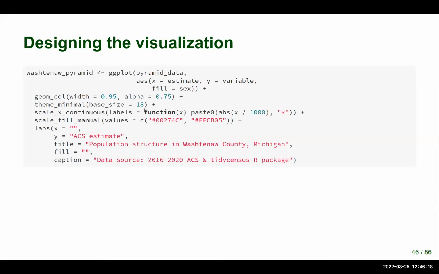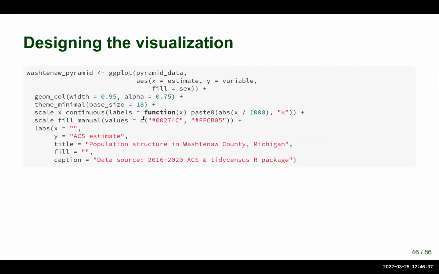The x-axis is continuous. I'm specifying a custom label formatter. This is a little bit tricky. You don't want negative numbers on your x-axis. You want to show positive numbers. And so in this particular case, you'll want the actual label to be the absolute value of that number.